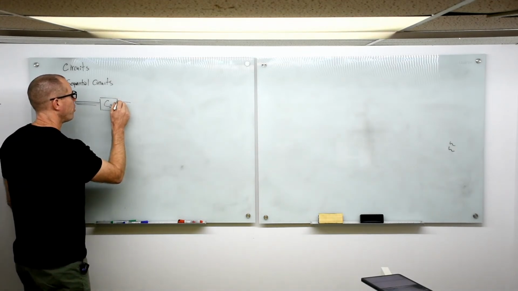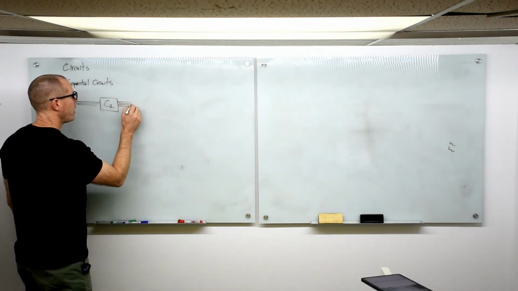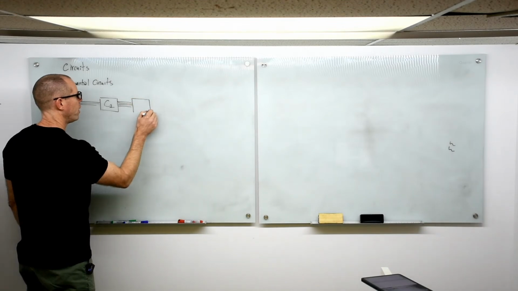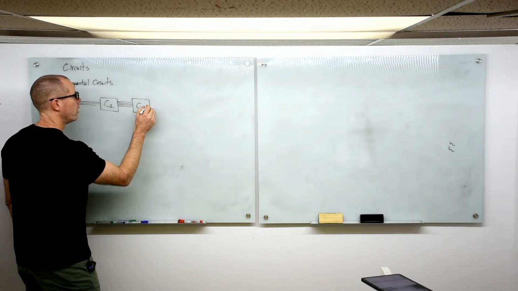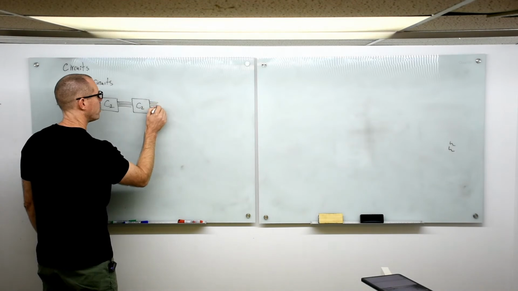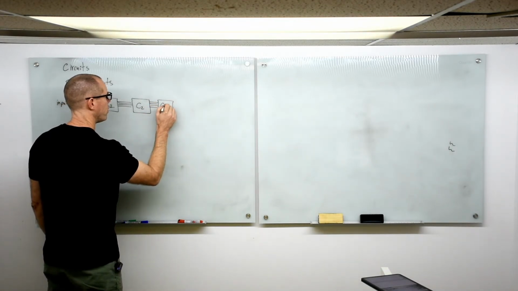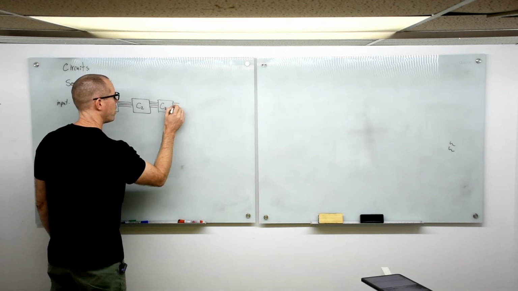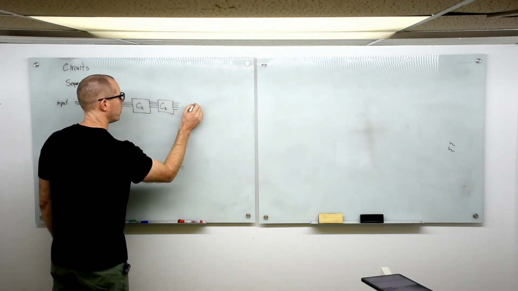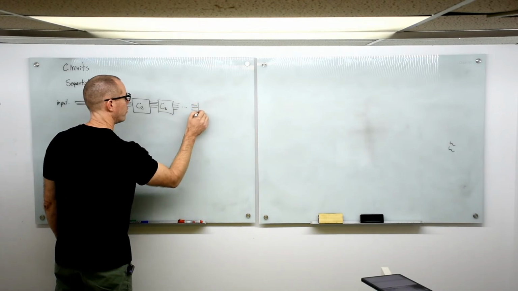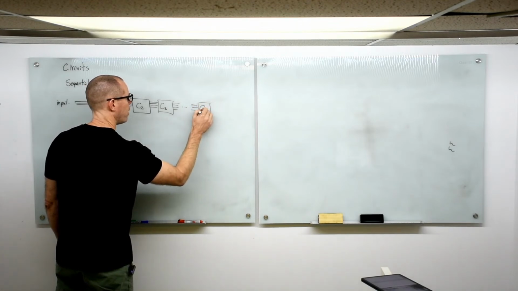And then that thing outputs directly into another circuit, C2, and that thing outputs directly into another circuit, C3, and this goes on for n levels.